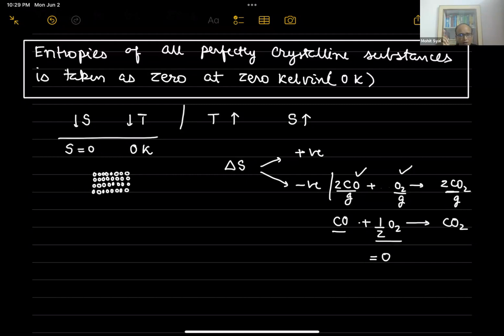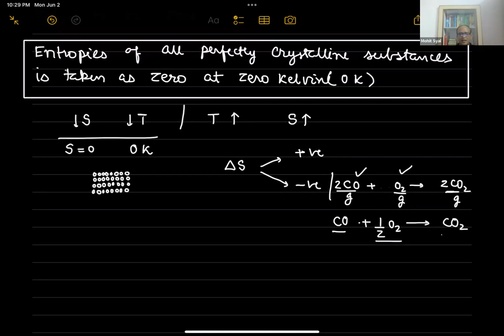So how many oxygen atoms? Half into 2, 1. Getting my point or not? Okay. 1 oxygen atom in CO, and you are going to have 1 oxygen atom being added to it. So for the total entropy change, if the entropy is becoming more, it is positive. If it's becoming less, it is negative.